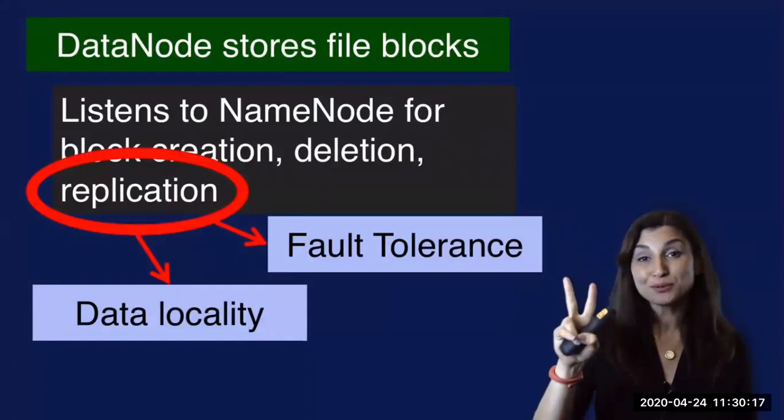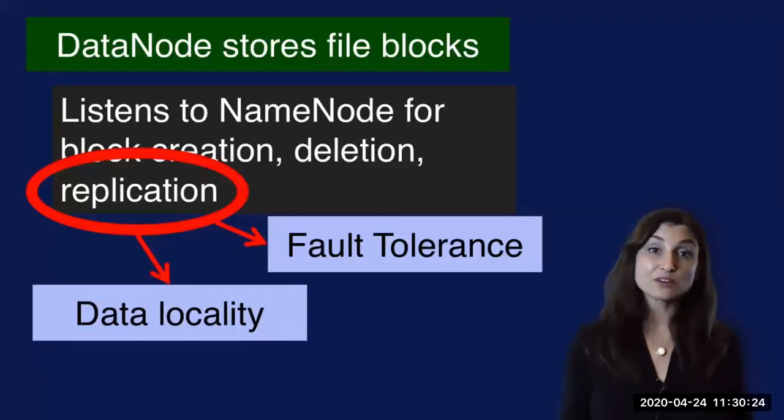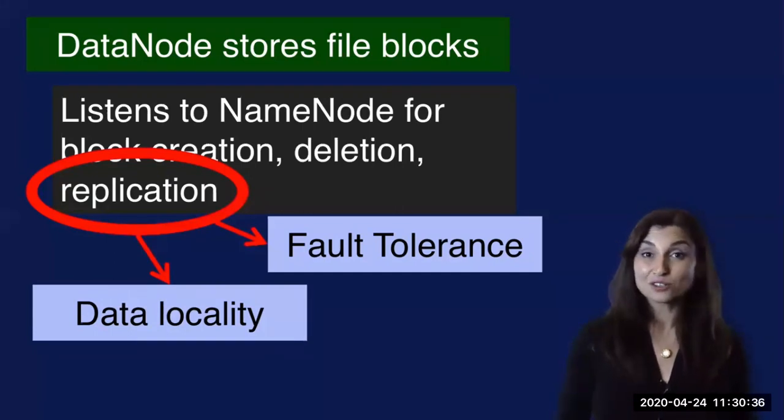Replication provides 2 key capabilities, fault tolerance and data locality. As discussed earlier, when a machine in the cluster has a hardware failure, there are 2 other copies of each block that was stored on that node, so no data is lost. Replication also means that the same block will be stored on different nodes in the system, which are in different geographical locations.